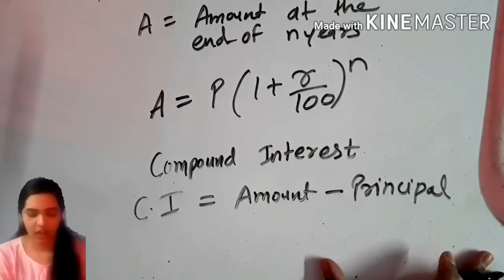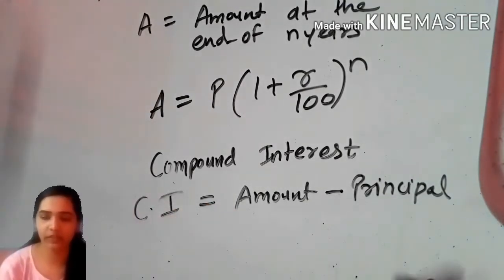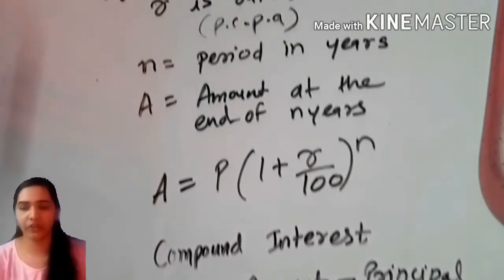Okay. So let's derive the formula for compound interest. Before that, make sure you have written this.